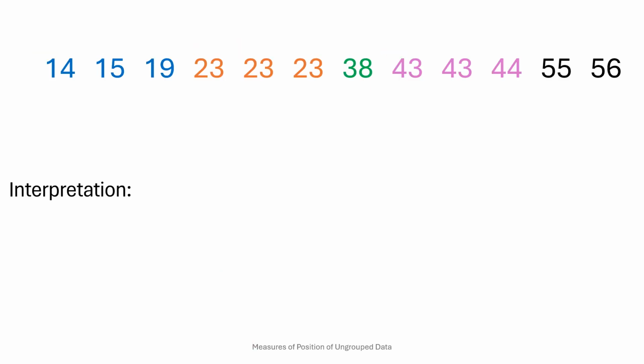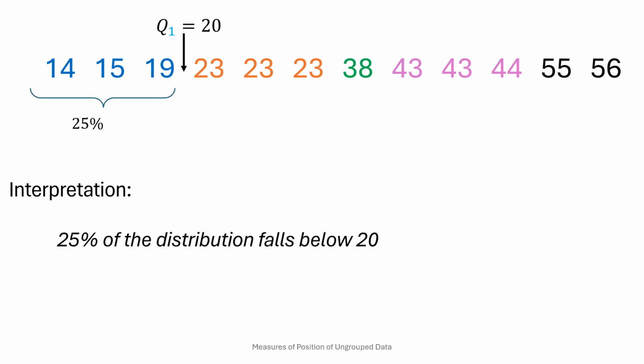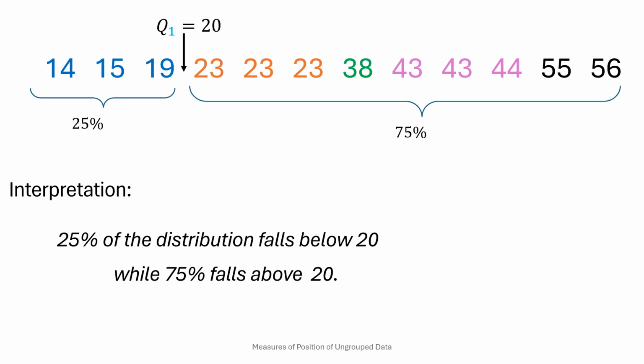Now, how do we interpret the result? First, let us locate quartile 1, which is 20. So it's at the middle of 19 and 23. We can say that 25% of the distribution falls below 20, while the remaining 75% falls above 20.